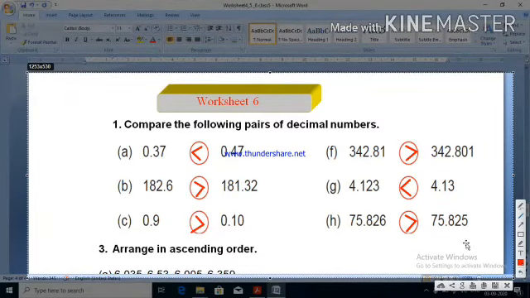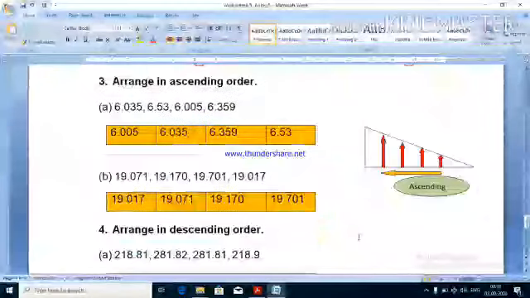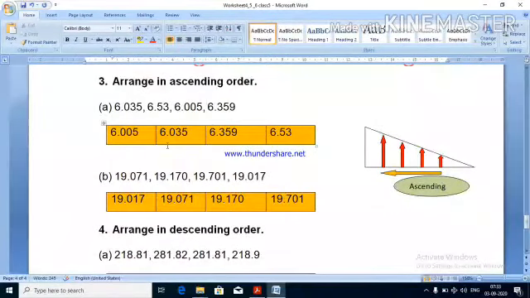Now we have to arrange all these numbers in ascending order. The given numbers are 6.035, 6.53, 6.005, 6.359. 6 is everywhere, so write 6. Then 6.0 is here, 0 is also here, but after 0 there is 3 in one number, while in the other it is 0.